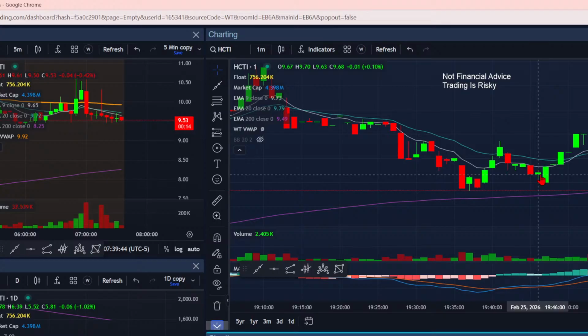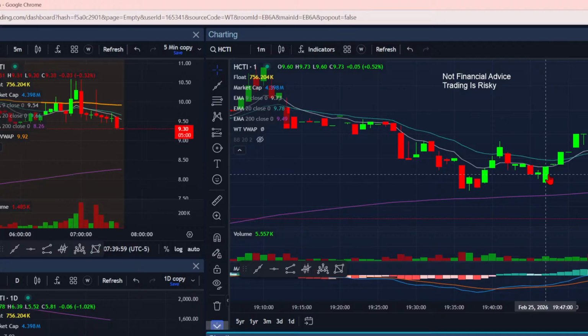You see how this one, I'm going to do the one next to it. The one opened at 967 and even closed 1 cent higher, 968. It's still green. And then right here, it did the same thing. Just because it goes below doesn't mean it's going to be red.